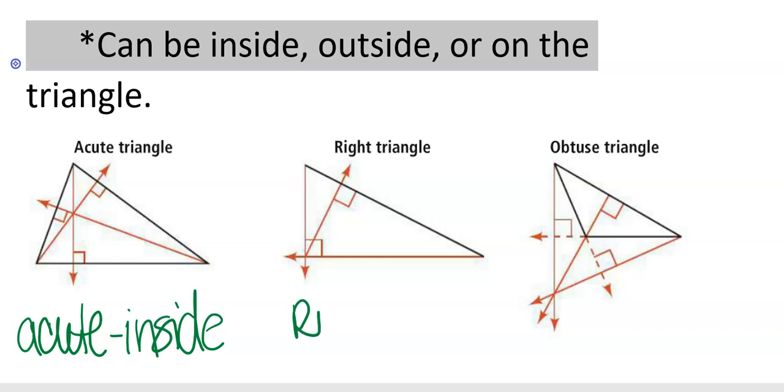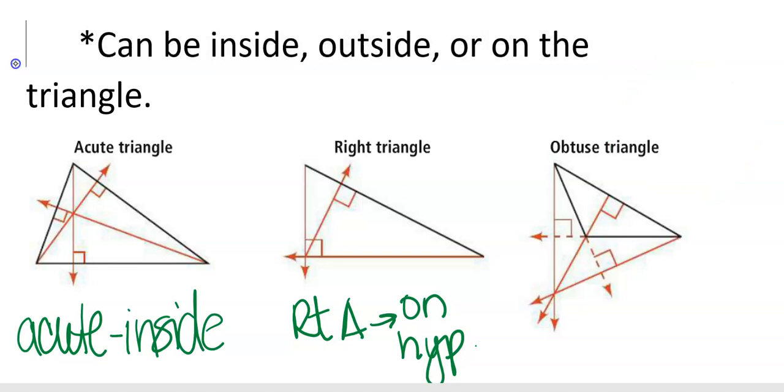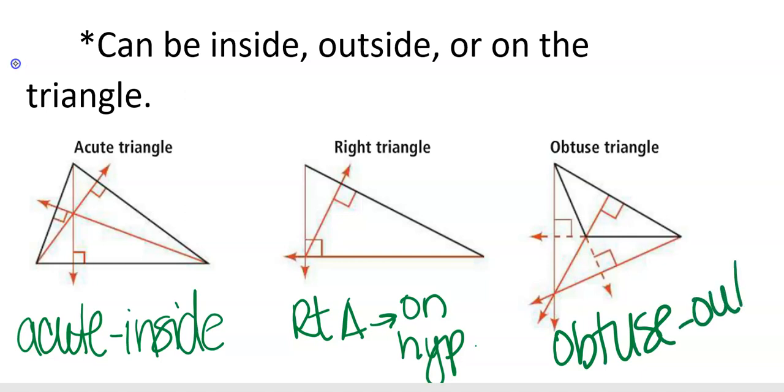So right triangle on hypotenuse. And then obtuse triangle, it is on the outside. However, it's on the opposite side that we did the circumcenter. Circumcenter was out here. Orthocenter's on the other side. Okay, so keep that in mind. So obtuse, outside.